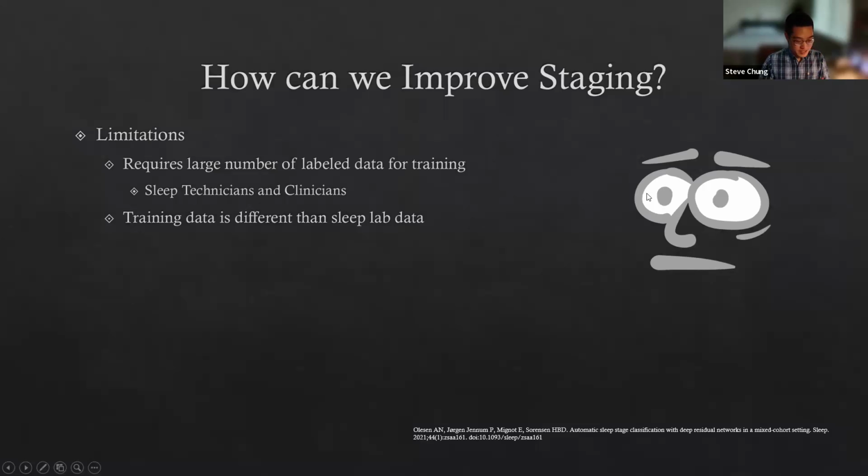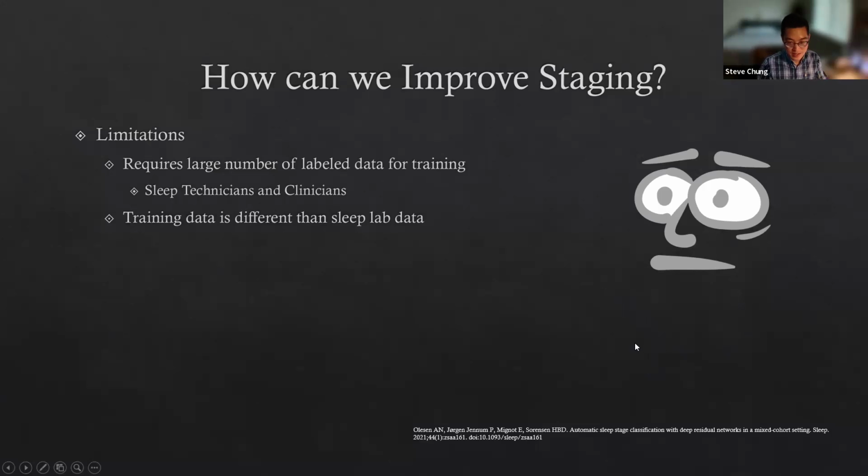So there are obvious limitations to using artificial intelligence, and what's the elephant in the room in how we can improve automatic sleep scoring or sleep staging? It all stems down to two limitations that I could see. Number one is that in a supervised learning environment, we need a large amount of sample data with labeled sleep scoring and sleep staging for the machine to learn and to train.